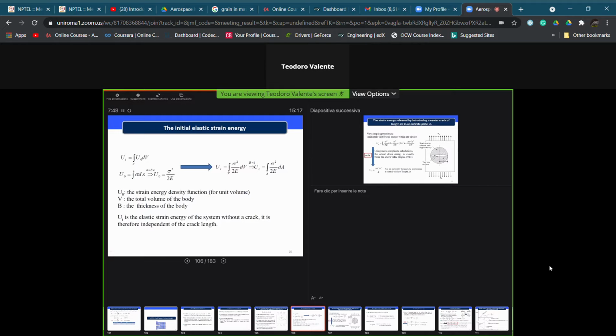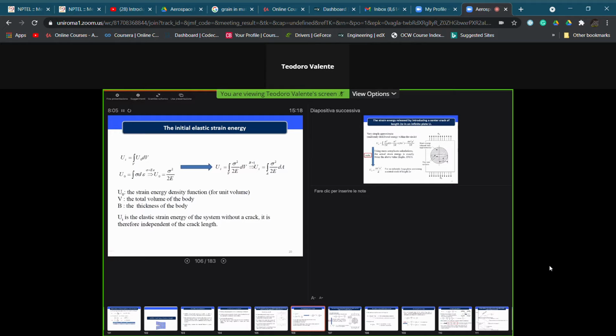And then if we integrate U0 over all the volume of the material, we can define the value of the elastic strain energy of the system without considering the presence of the crack.